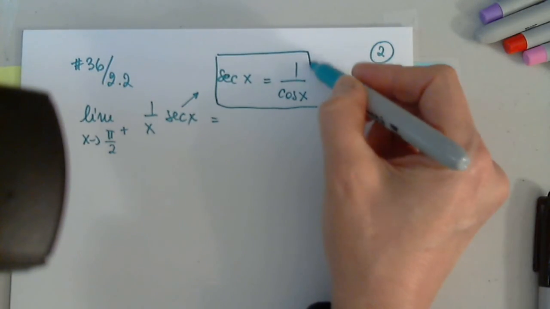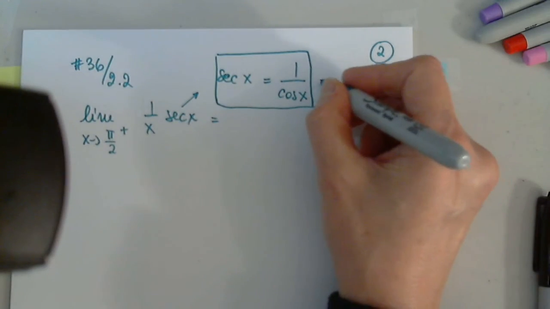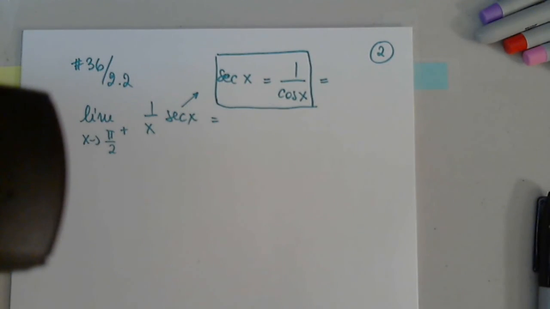So it's always easier to see what happens here. So now let's plug in pi over 2. Javon, do you remember how much is cosine pi over 2? Javon, are you with us? All right, is it 0?